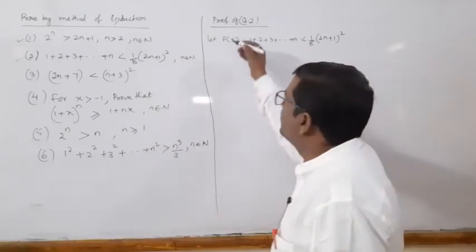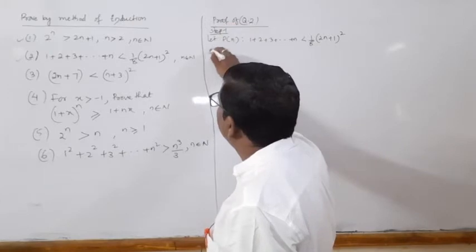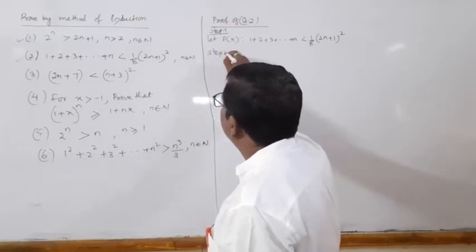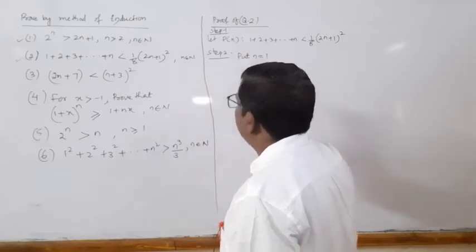This is step 1. Step 2: here for all n, so put n is equal to 1.